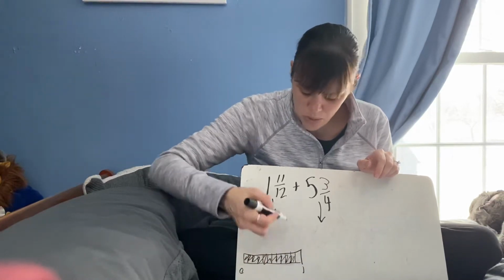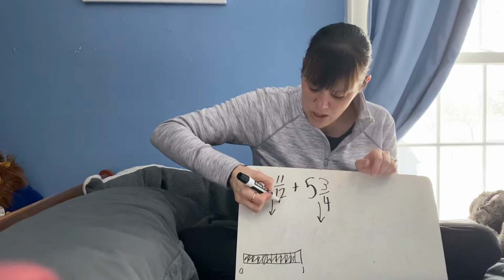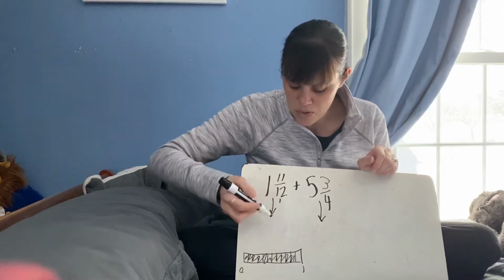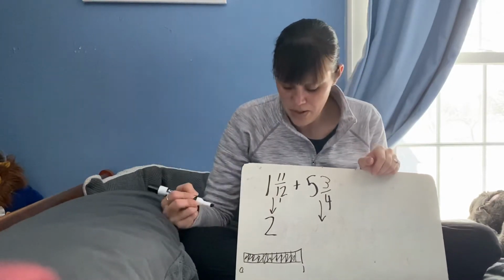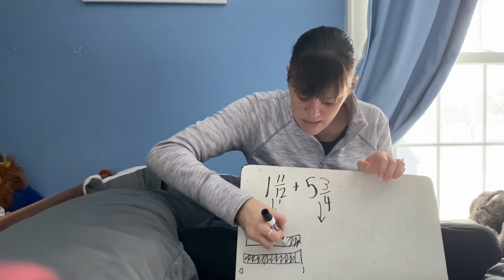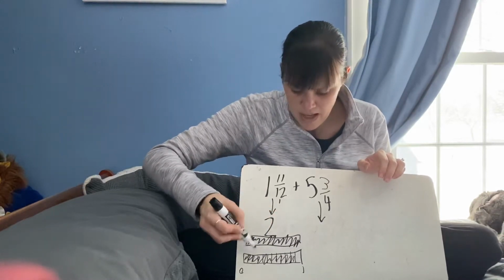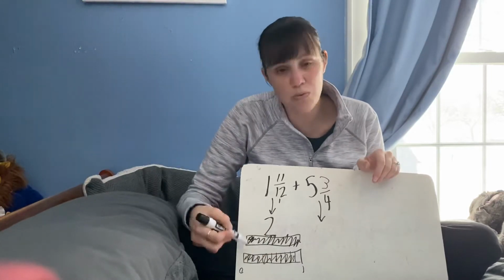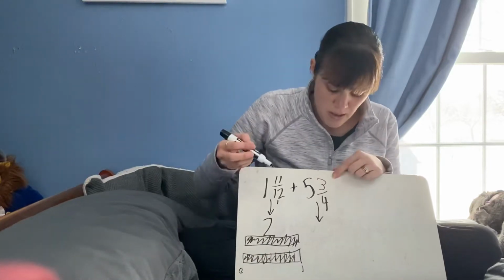So it's going to be closest to 1 whole. 1 plus 1 is 2. So 1 11/12 means you have this whole one and 11/12. So that's really close to 2 whole.